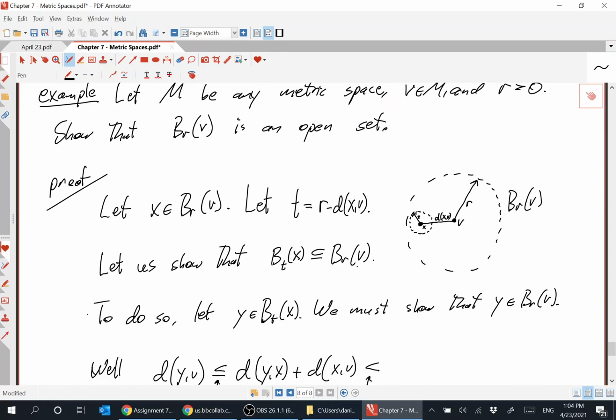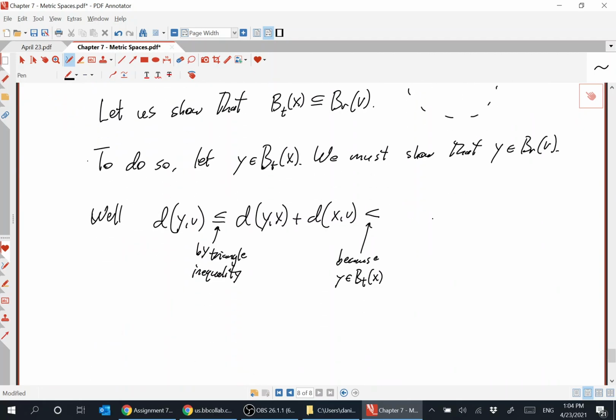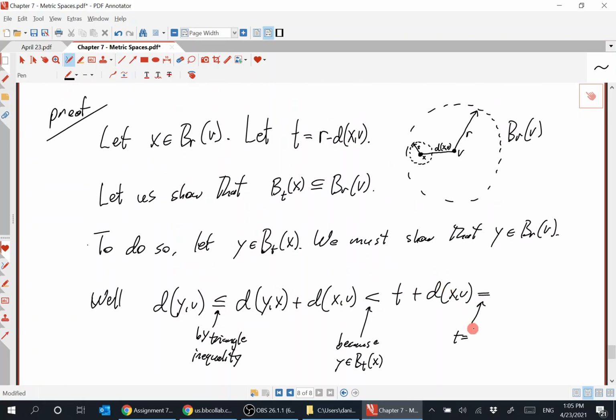The ball of radius T around X is everything that's distance less than T from X. So that's T, plus the distance from X to V, which, by the definition of T, right, T was equal to R minus dxv.